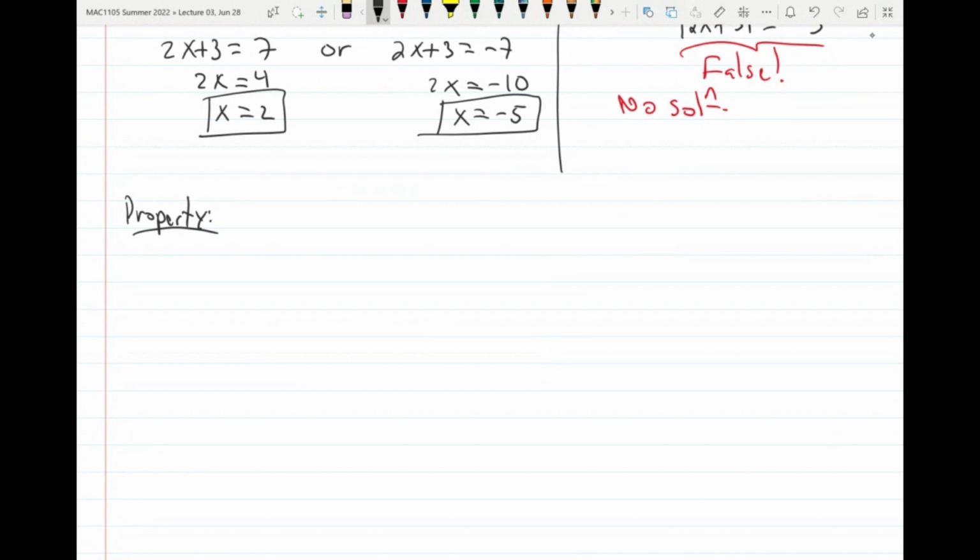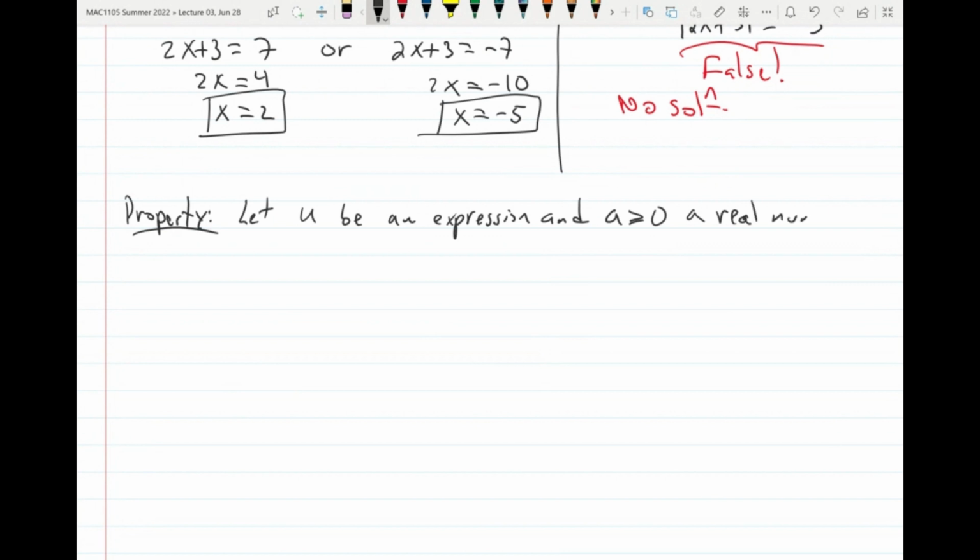All right, so let me put the property just to have it written down. Property: let U be an expression and A greater than or equal to 0, a non-negative real number.